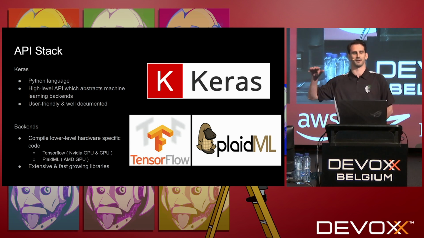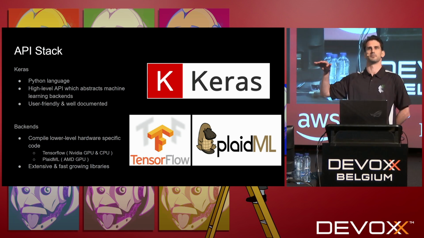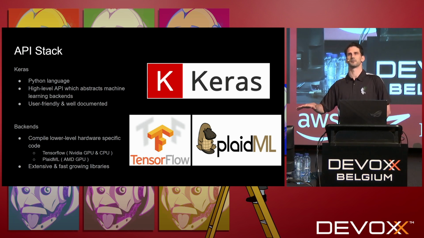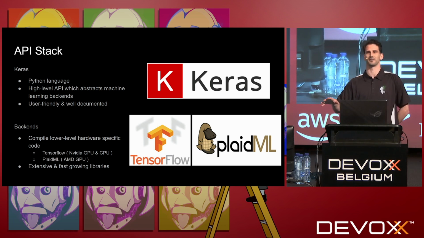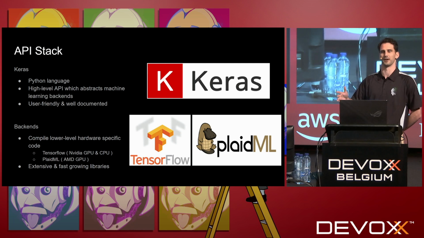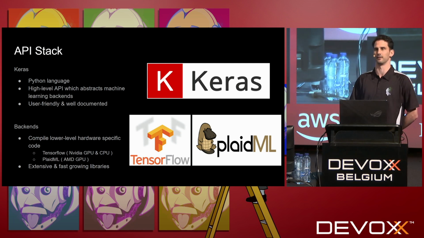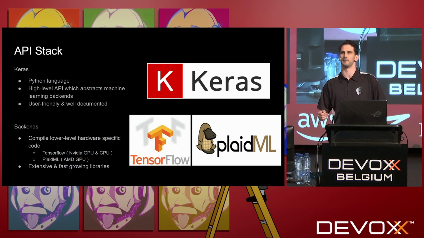So Keras is riding on top, which is the easy programmable Python-level language, and it's interoperating with two backends we actually use, which are extensive, fast-growing libraries, the gorillas in the room: Tensorflow, produced by Google, and PlaidML, which Intel is developing. So why do we have two backends?